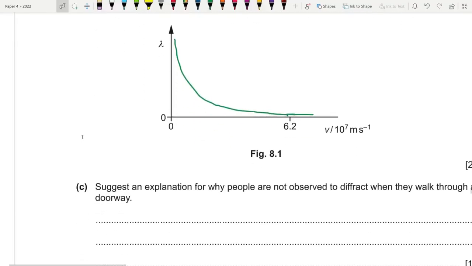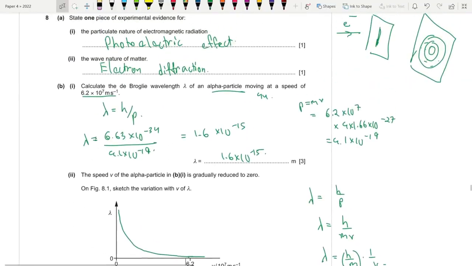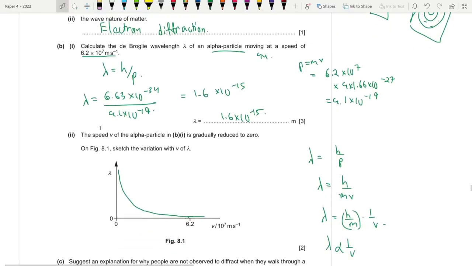Like this, right? Suggest an explanation why people are not observed to deflect when they walk through a doorway. Interesting question. Basically, the door is also acting as a diffraction grating. Like electrons became waves. Why not people? Basically, the smaller the particle, the easier it is to diffract. Theoretically, it's possible for people to turn into waves, but practically it's impossible because the bigger the particle, the smaller the diffraction grating has to be.